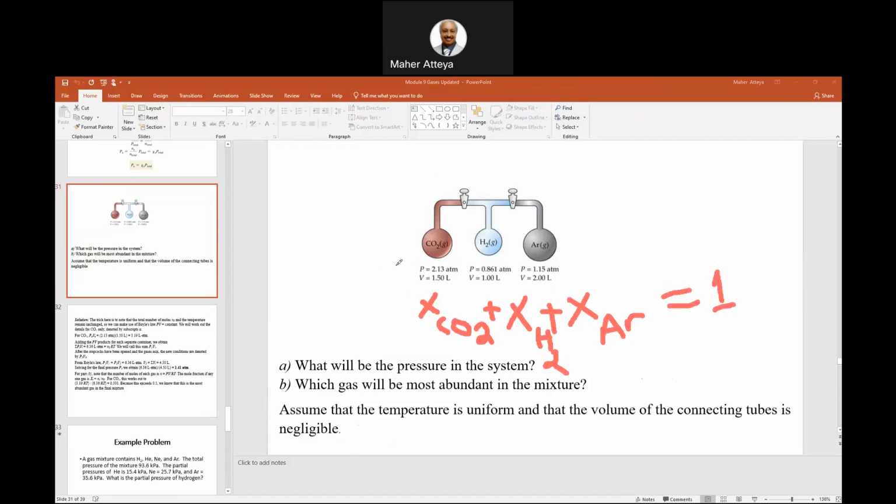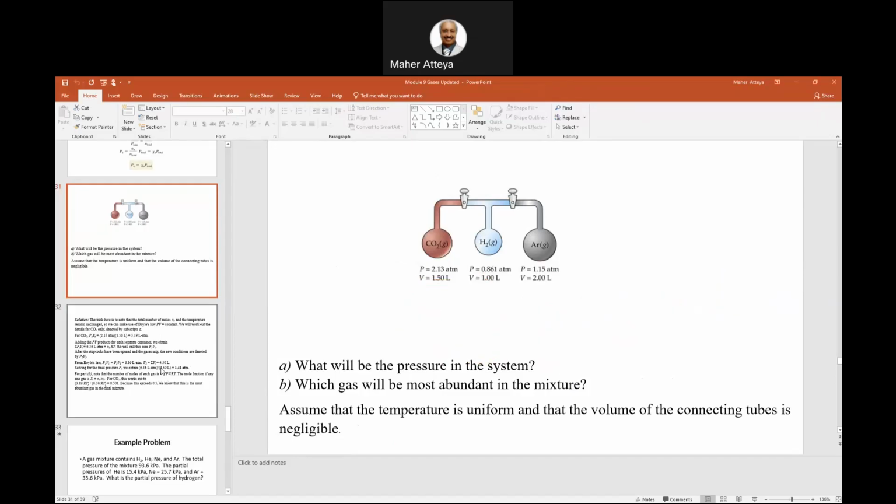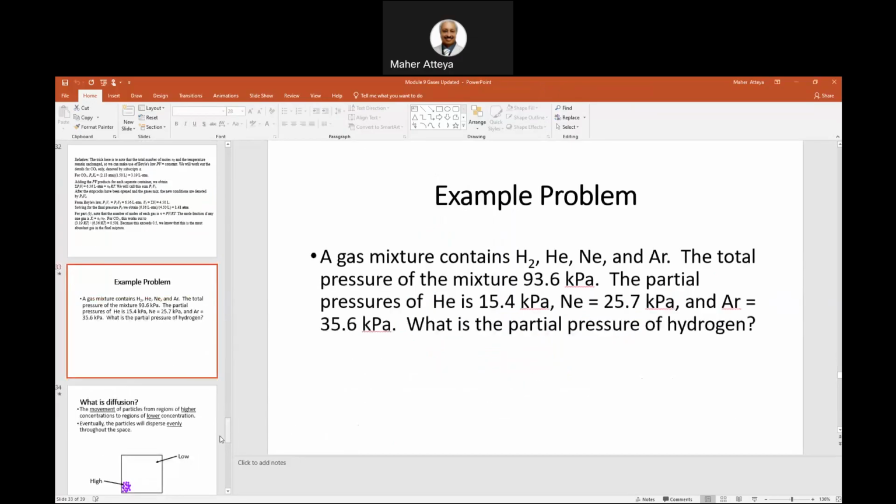If the carbon dioxide is 0.501, then carbon dioxide will be the most abundant after the mixing, correct? This takes some time to understand, but it's not really difficult to follow.